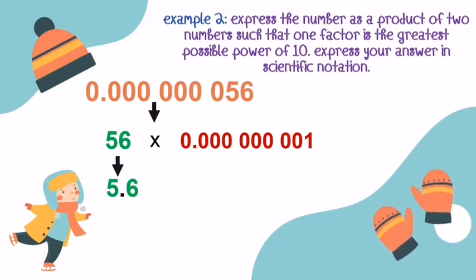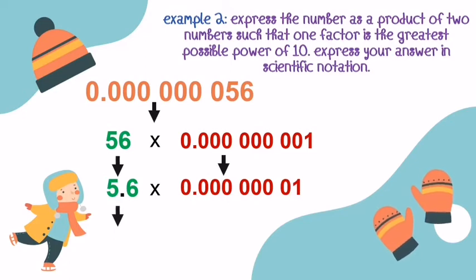Now is 5.6 from 1 to 10 already? Yes. Alright, let's move on with the other factor. In our second factor, remember we moved 1 place in 5.6, right? So meaning in our second factor, you will remove here 1 zero.